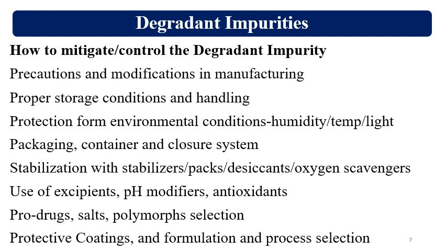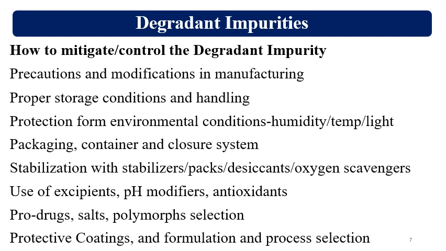You can also select some formulations, like if you know that the product is unstable in the tablet formulation but it is stable in capsule formulation, then that suitable formulation can be selected, and based on that you can have control on the degradation impurities.